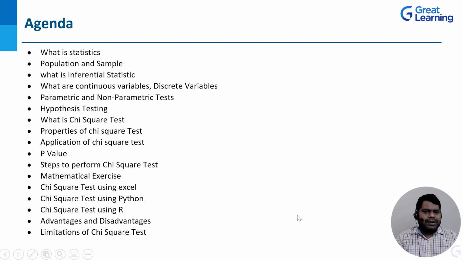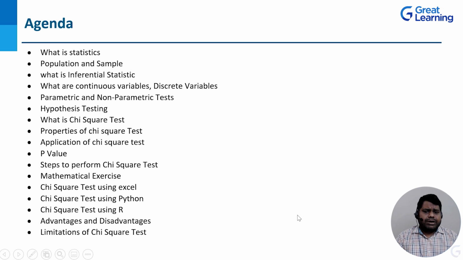In this session, we will be covering what is statistics, what is population and sample, what is inferential statistics, what are continuous variables, discrete variables, parametric and non-parametric tests, hypothesis testing, what is the chi-square test, properties of the chi-square test, applications of the chi-square test, p-value, steps to perform a chi-square test.